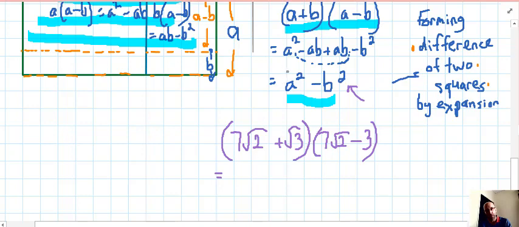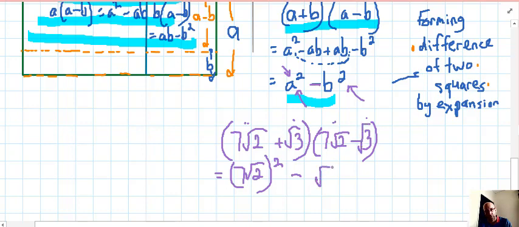So what we do is get the first term. It's common to both. See, we've got a and a, we've got b and b. Let's get that first term and we square it. So 7 root 2, and we square that. Now it's always a minus, because we saw that with the pattern that we formed, so it's minus, whoops, sorry, that should be a root 3.